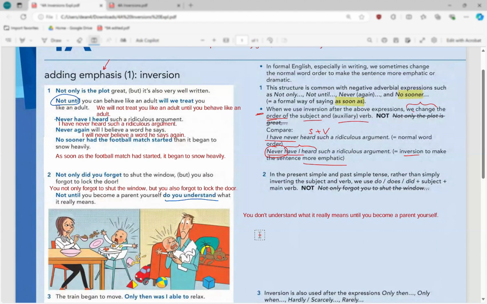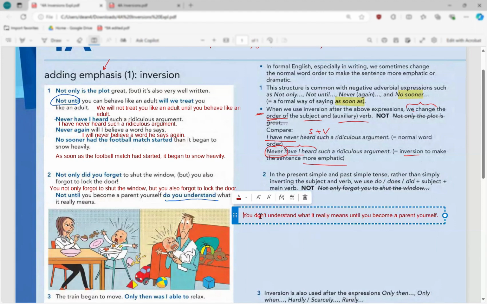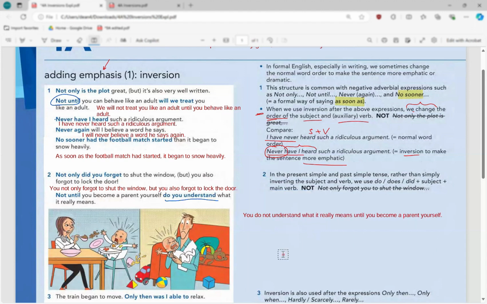So here, when I want to make inversion, right? So let's make do not. Why? Because when I want to invert, I say not until. I'm going to put it here. Not until.